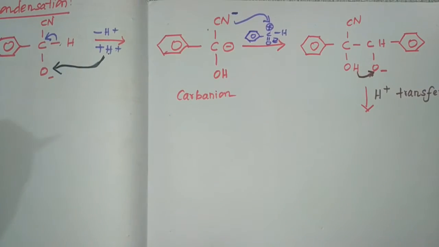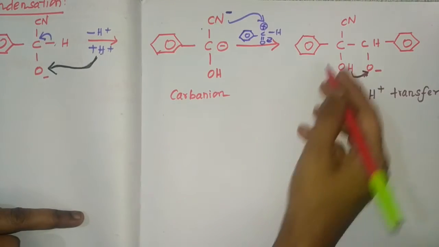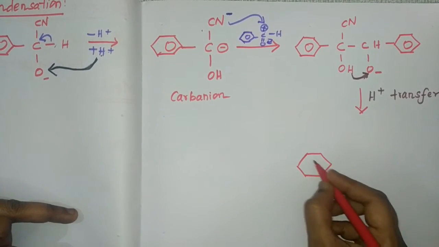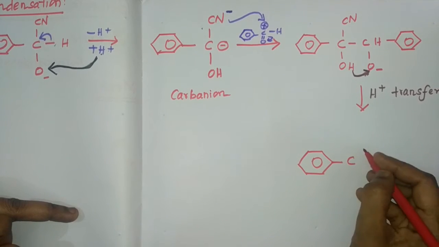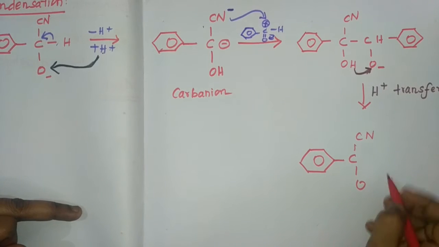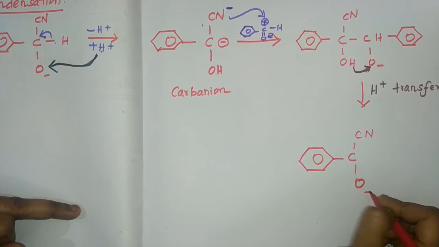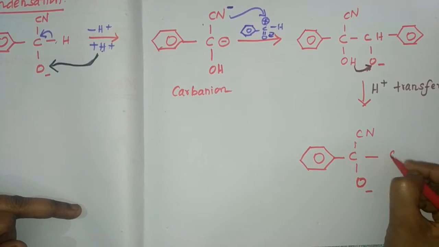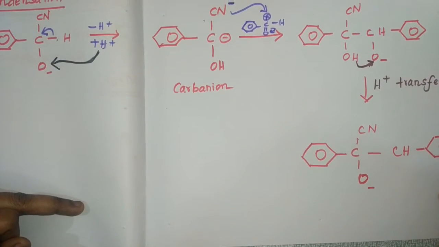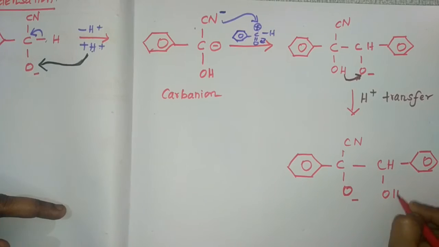So after that what happens? I'm going to show the transfer of H plus. So we write the same CN, and here it will be O minus only, and here the same CH, and here it will be OH.